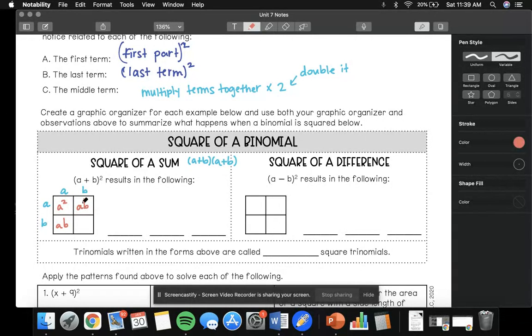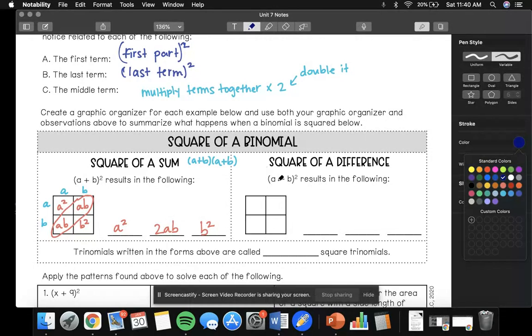I like to put alphabetical, and then B times B, which is B squared. Overall, we have A squared, and I notice that we have two of the same thing, so we have two ABs, and we have B squared right here.